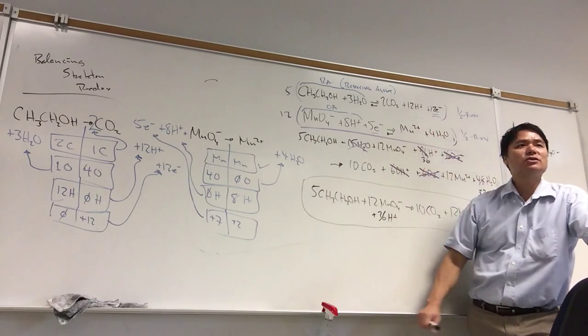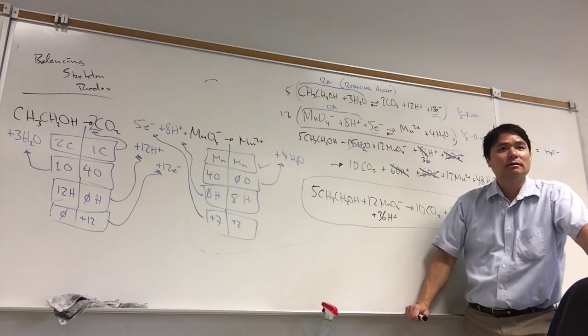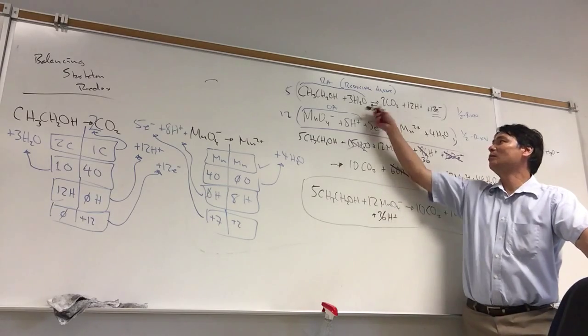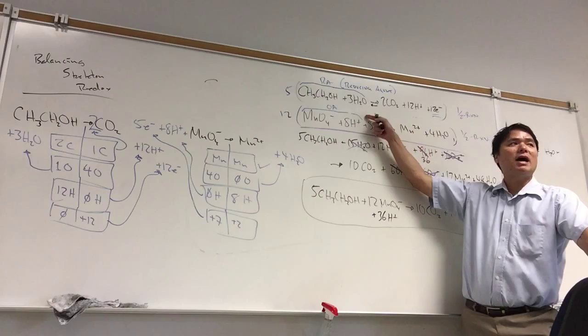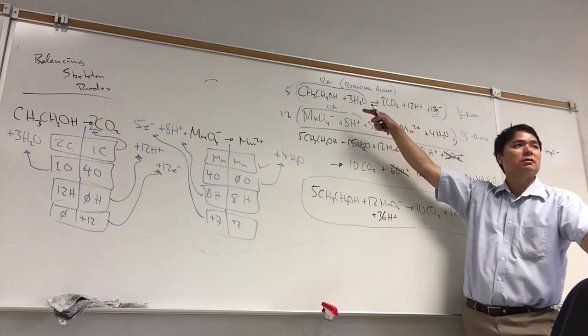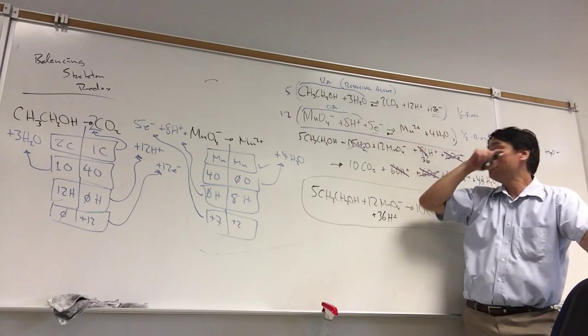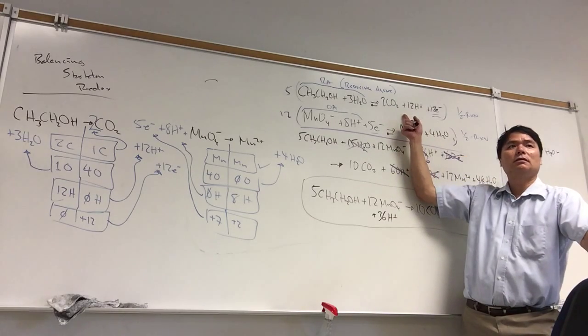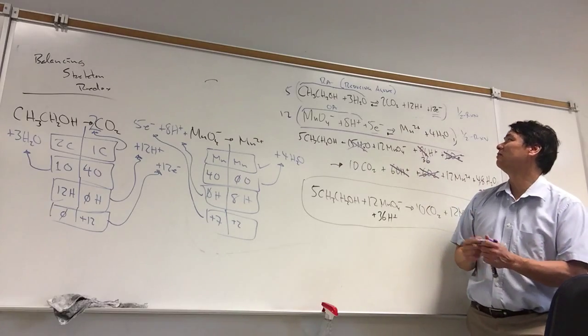If something takes electrons, what does that make it? An oxidizer or reducer? If we go backwards here, CO2 plus 12 H+ plus 12 electrons yields those. So that means that these species are the oxidizers.